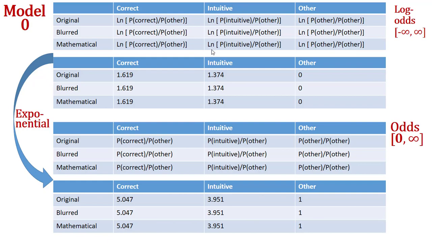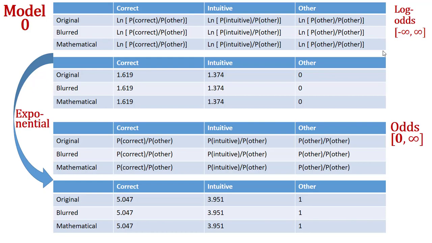And for intuitive, it would be the logarithm of the ratio between the probability of intuitive and the probability of other. We get these two numbers and we don't get that number, but we can think of that number as being 0, and that's why it's not reported, because it would be the logarithm of the probability of other over the probability of other, which is the same value, that is 1, and the logarithm of 1 is 0.